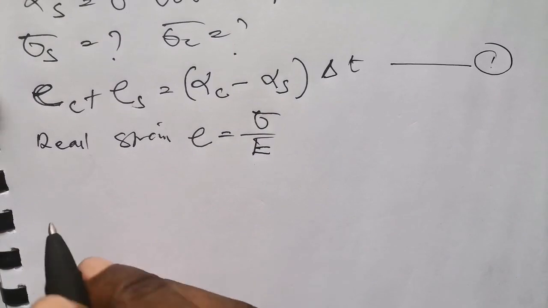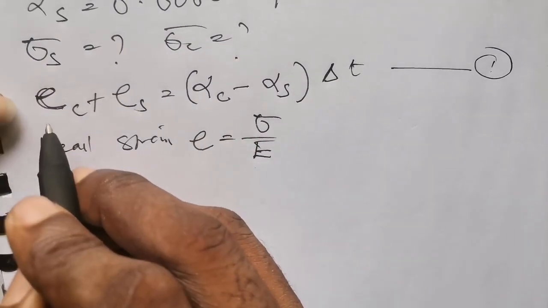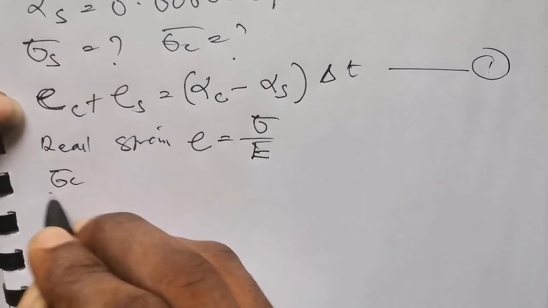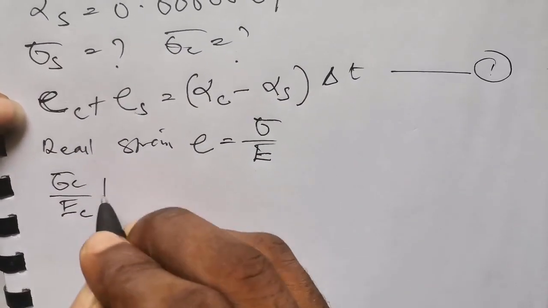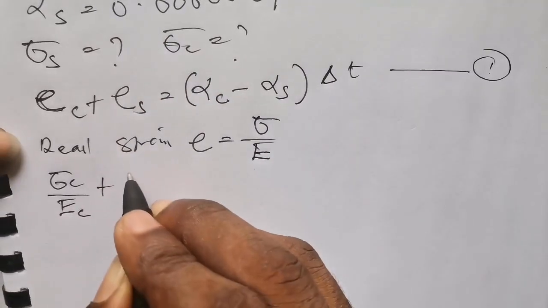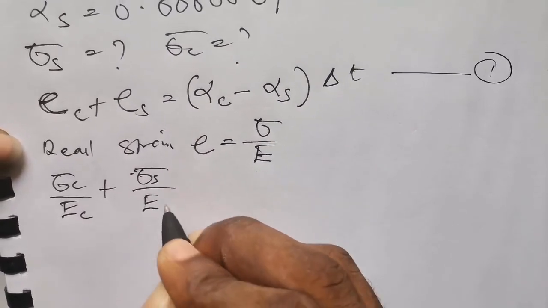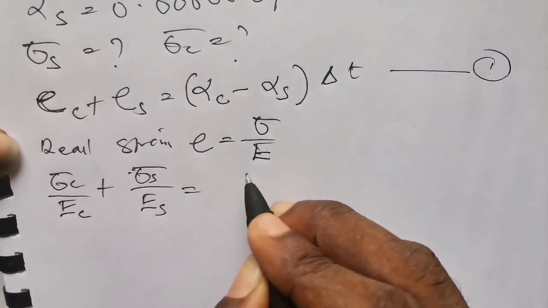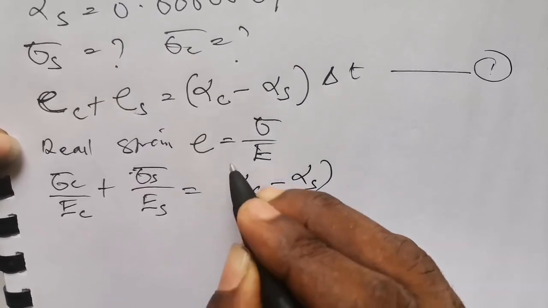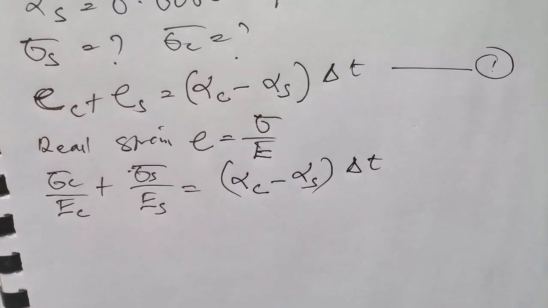In place of strain of copper, we have stress of copper over Young's modulus of copper, plus in place of strain of steel, stress of steel over Young's modulus of steel, and that is equal to thermal expansivity of copper minus thermal expansivity of steel multiplied by change in temperature. So this is the first thing to do.